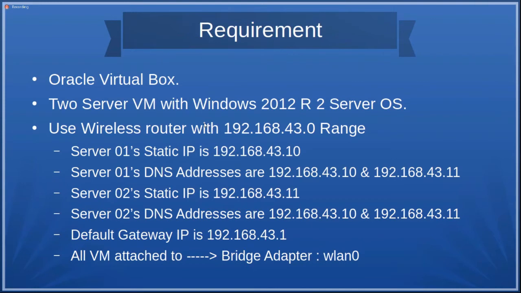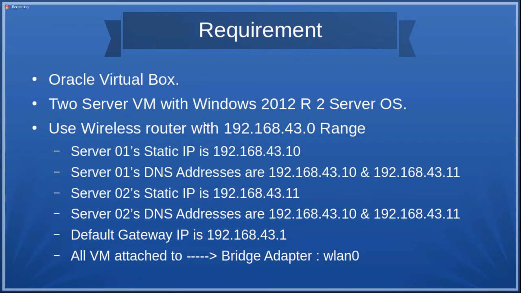I am doing this on Oracle VirtualBox. I use two virtual machines to install Windows 2012 R2 server OS, and I also use my wireless router with the range 192.168.43.0. I have two server virtual machines, and I use the following static IPs.